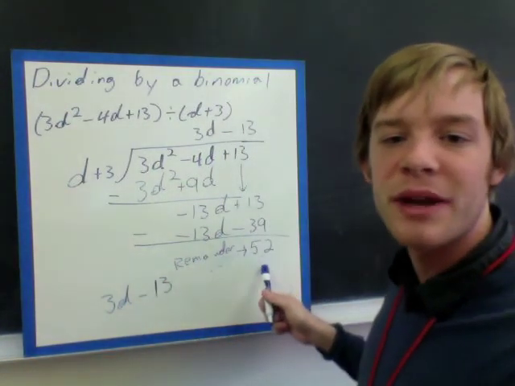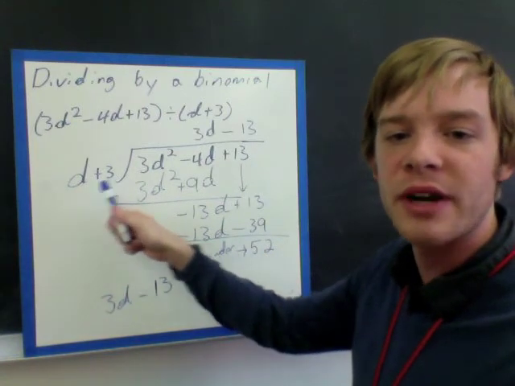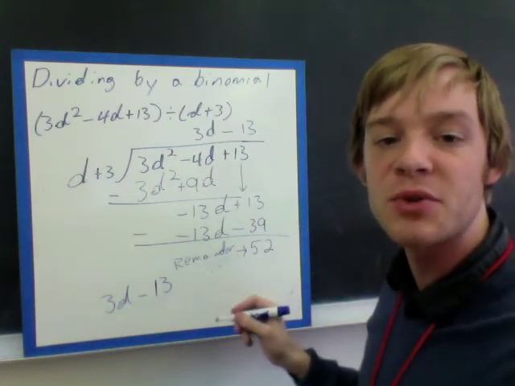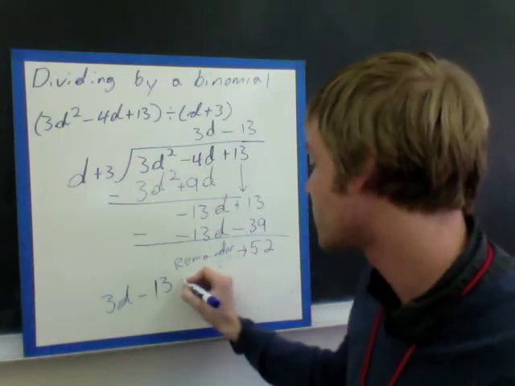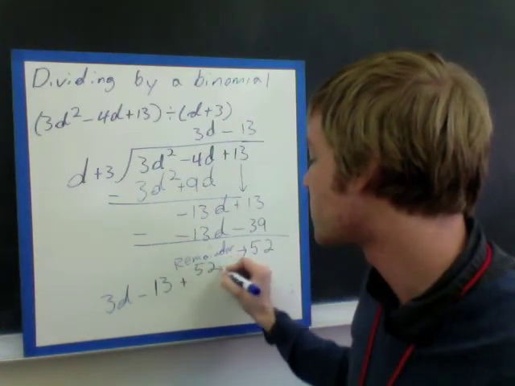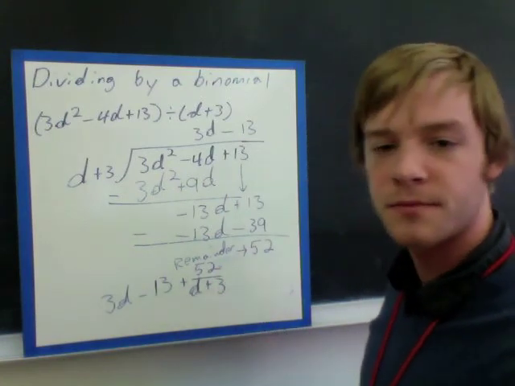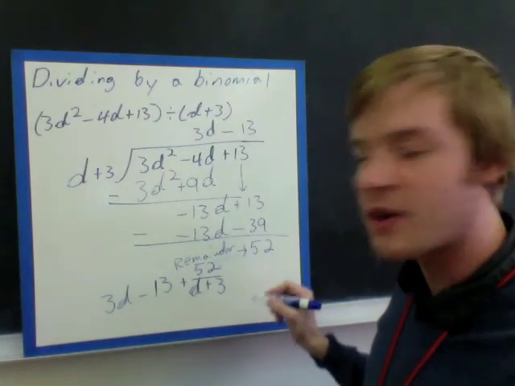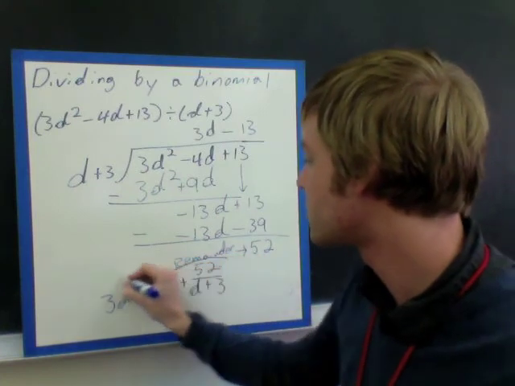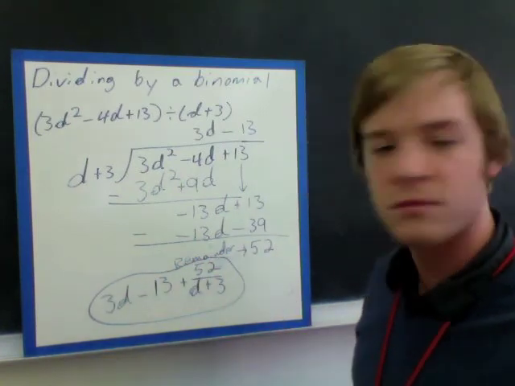Then we take our remainder and we put it over what we were dividing by. So I would have 52 over d plus 3. And this right here is my final answer. Just like that.